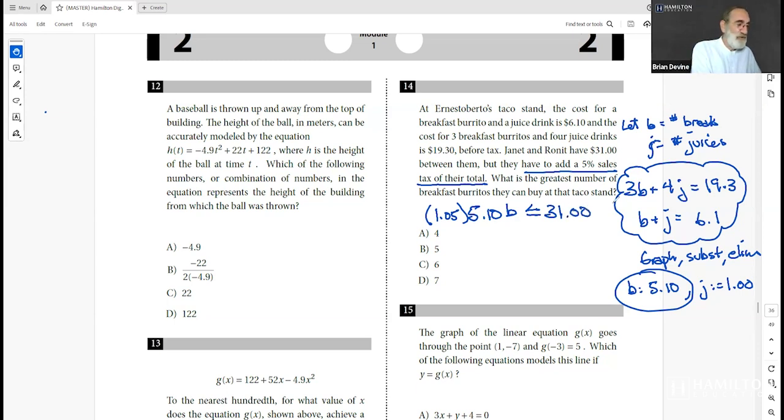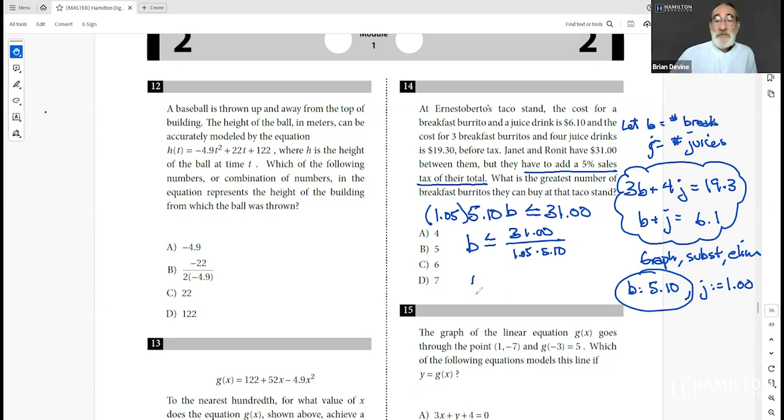And so if I take 31 and divide it by 1.05 times 5.10, let's do that on a calculator right now. 31 divided by 1.05 times 5.1.